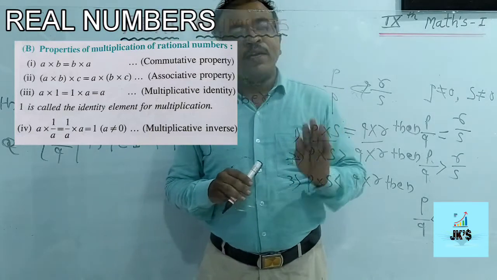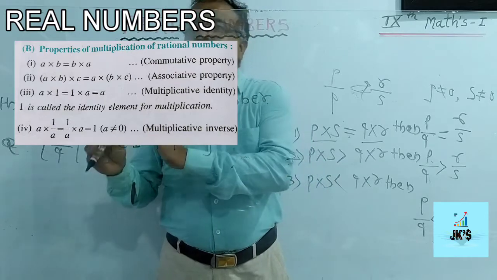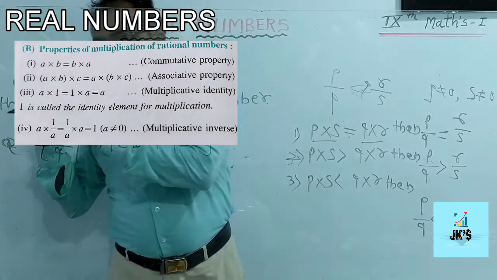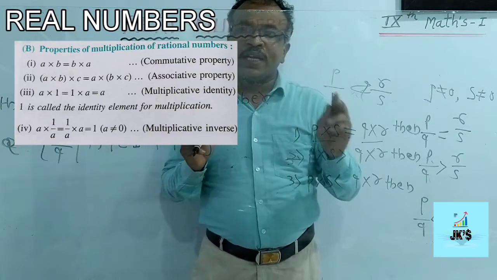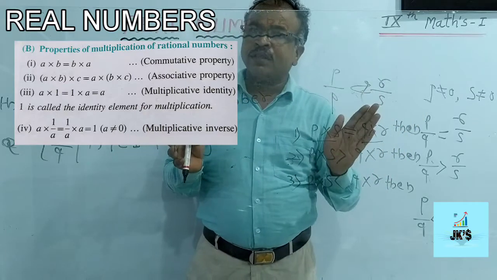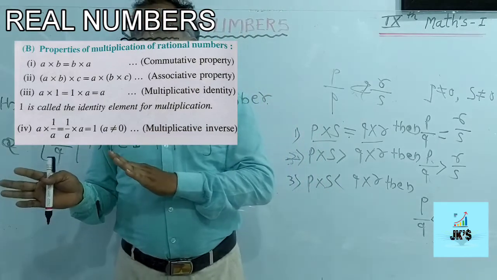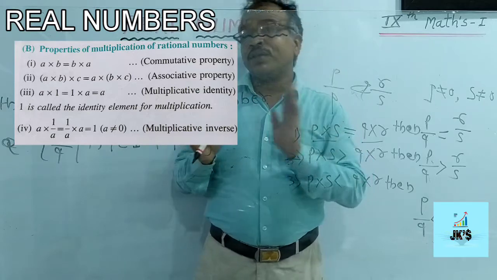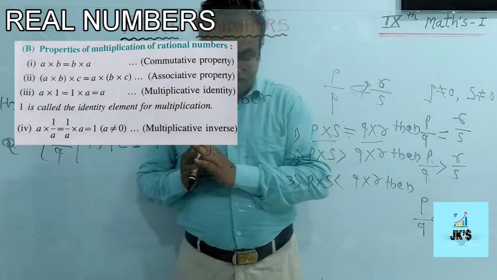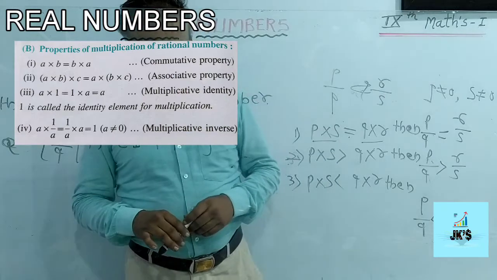Second, (A into B) into C equals A into (B into C). It means we take the product of the first two numbers and then multiply by the third, or multiply the second and third numbers and then multiply by the first. The answer is equal. This is known as the associative property.